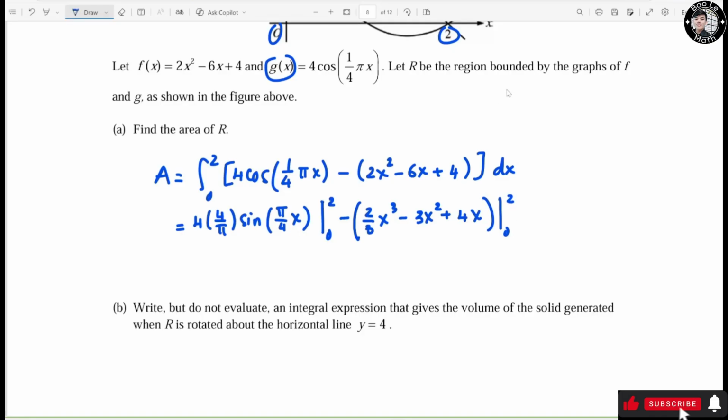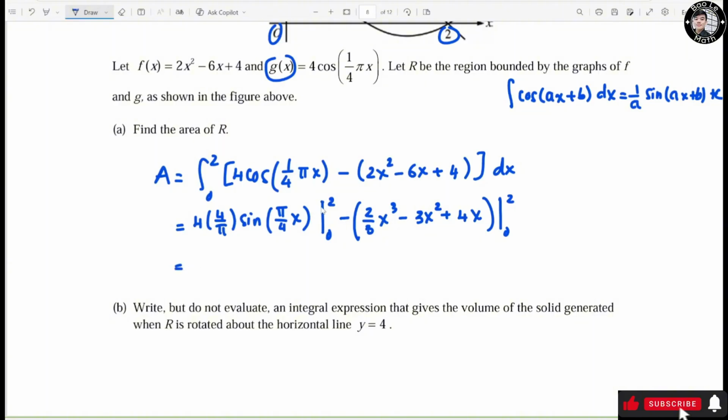Now recall the antiderivative of cosine of as plus b ds is going to be 1 over a sine of as plus b plus c. Keep that in mind.